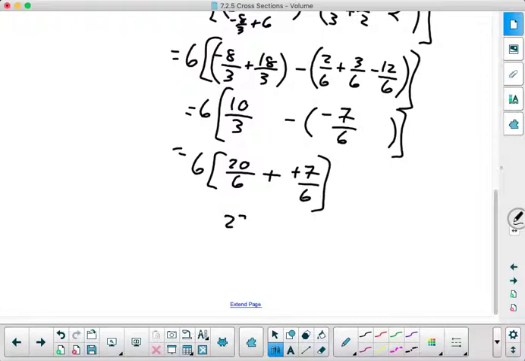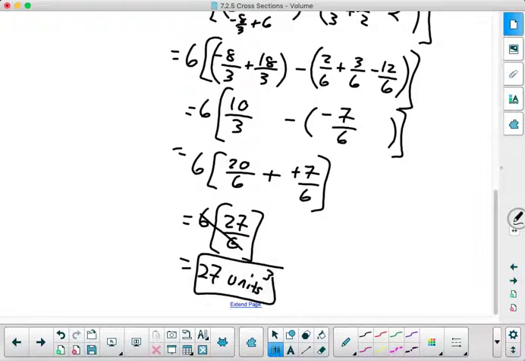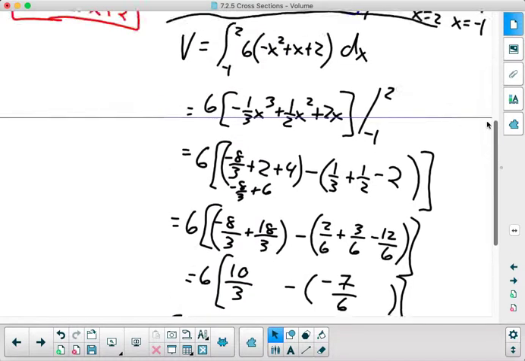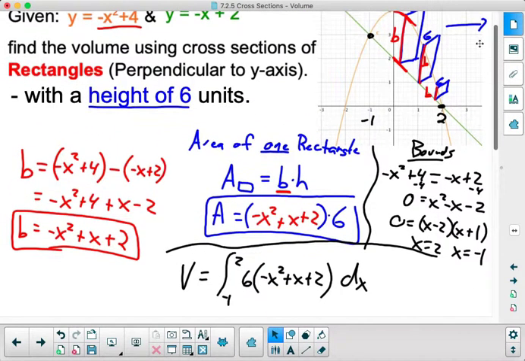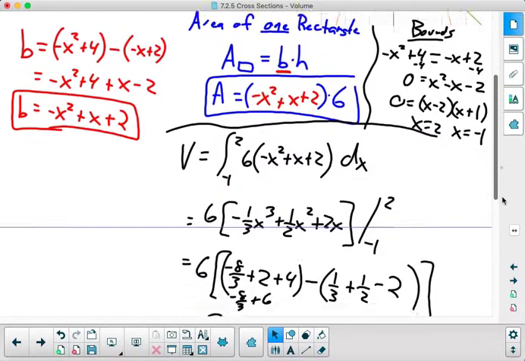You actually get 27/6, but it's times that 6 the whole time. You end up with an area, or a volume, sorry, of 27 units cubed. Nice answer for all this, but that would be my volume, given, going back up here, adding up all these rectangles from left to right between the curves.